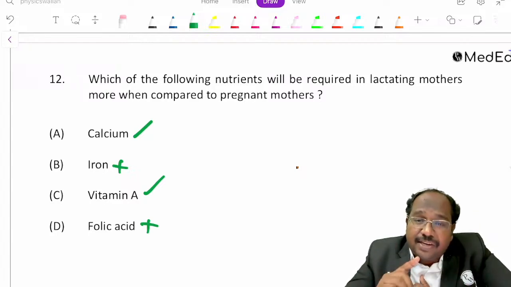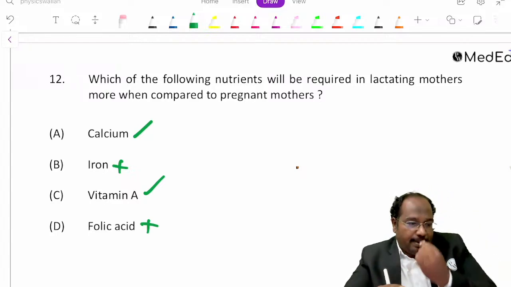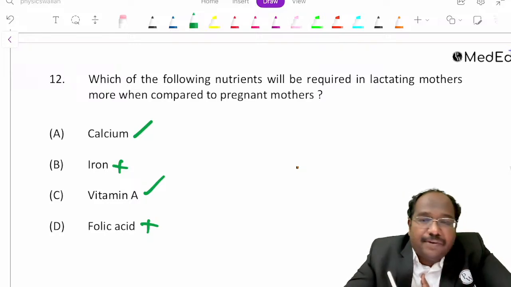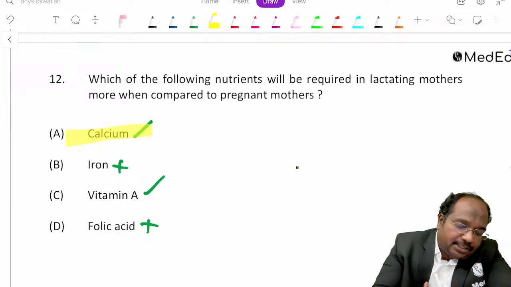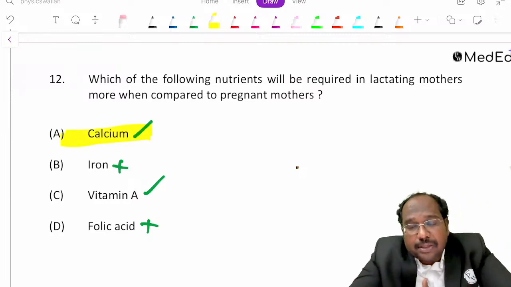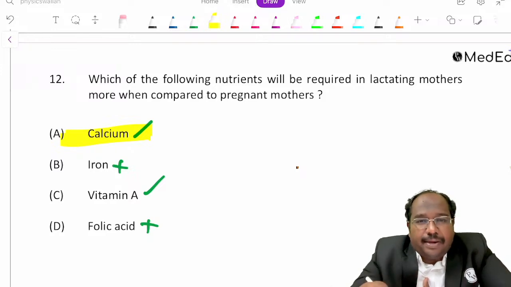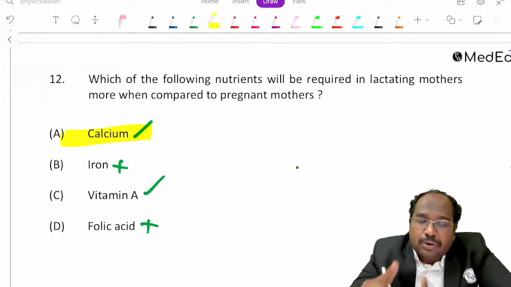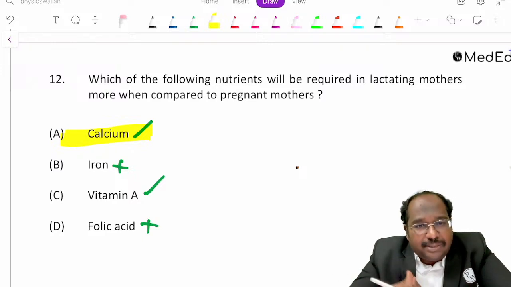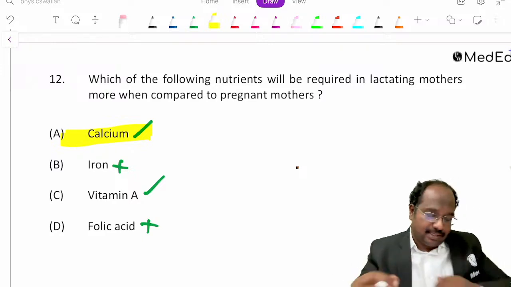But if only one answer is given, not multiple answers, the probable answer will be calcium. If it's multiple options, you can go for calcium and vitamin A. With vitamin A you don't take supplements, but calcium you will take as a supplement. So if the question says only one answer, go for calcium. Multiple answers means calcium and vitamin A both are answers here.